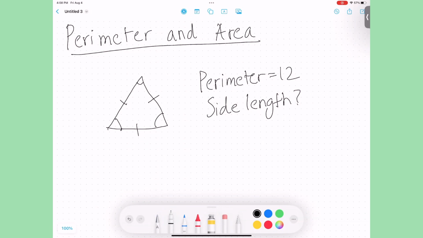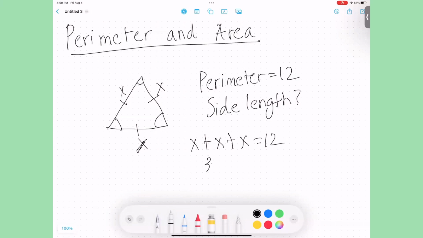For an equilateral triangle, all the side lengths are equal. So if I label each of them x, the perimeter is the sum of the lengths of the triangle, or whatever figure it is, and you set it equal to the perimeter. So the sum of the lengths here is x plus x plus x, and that's equal to the given perimeter, which is 12.